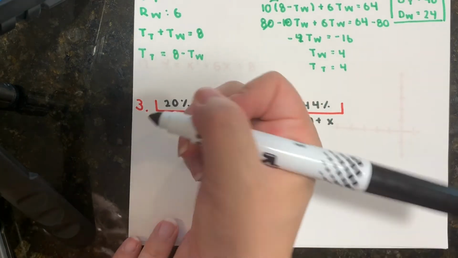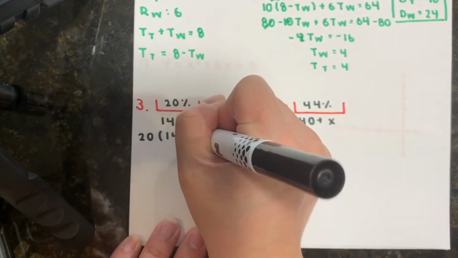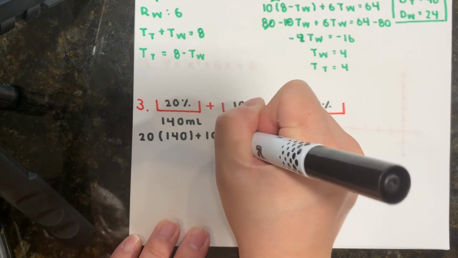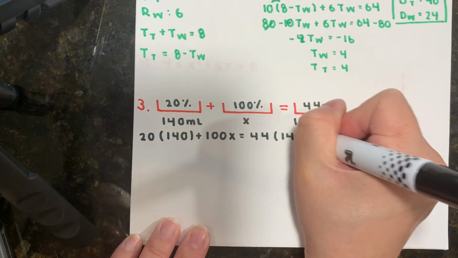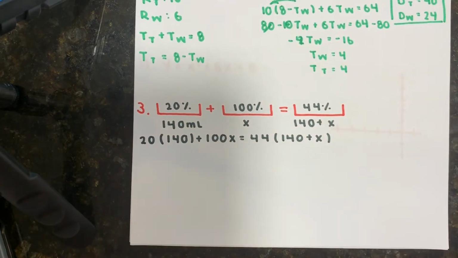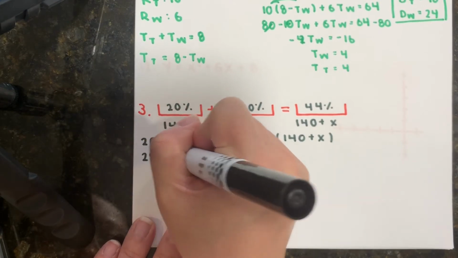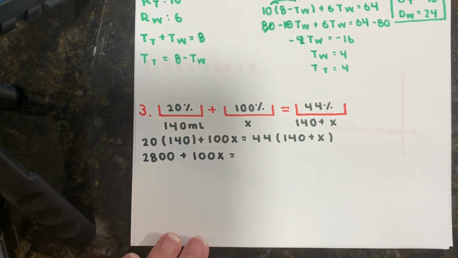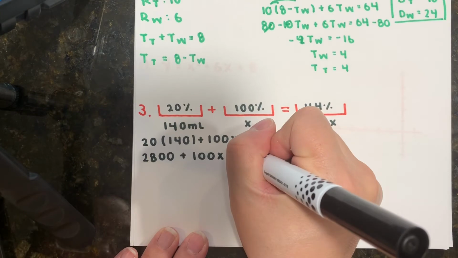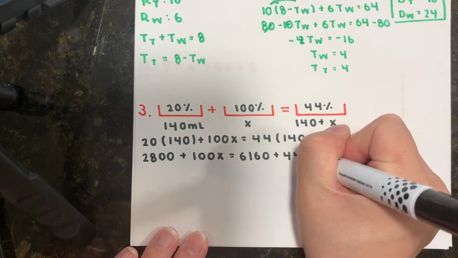So now what we're going to do is we're going to multiply what we're given. So I have 20 times 140 plus 100x equals 44 times 140 plus x. Now if I multiply that, 20 times 140 would give me 2,800 plus 100x equals 44 times 140, which would be 6,160 plus 44x.